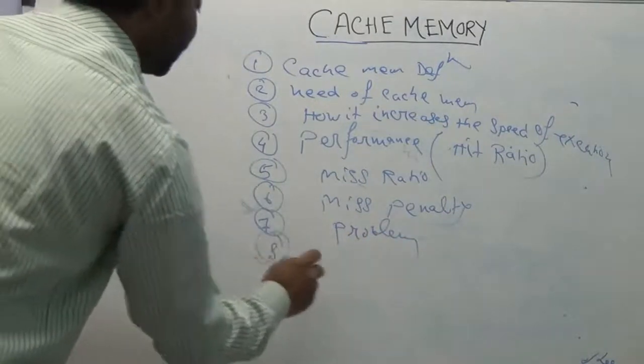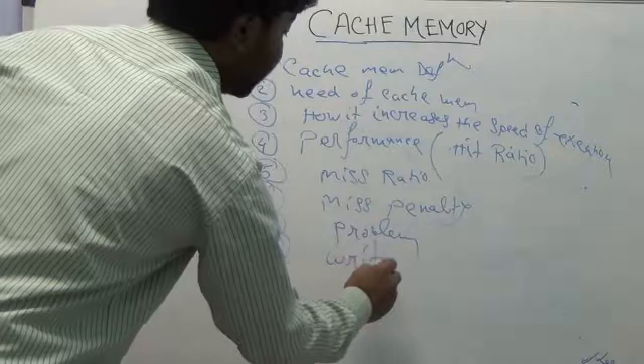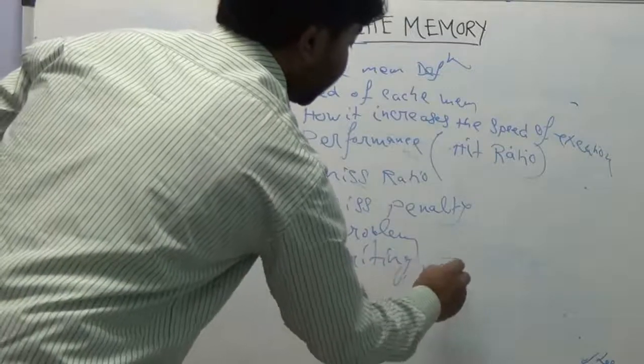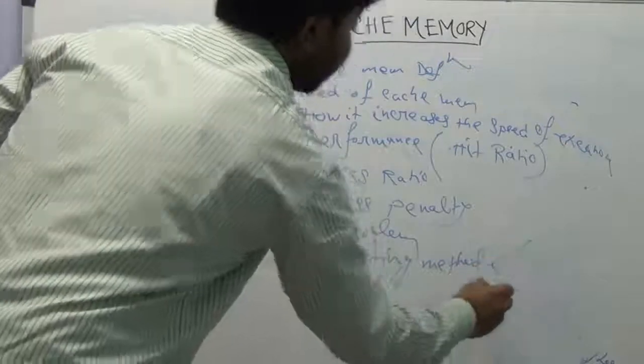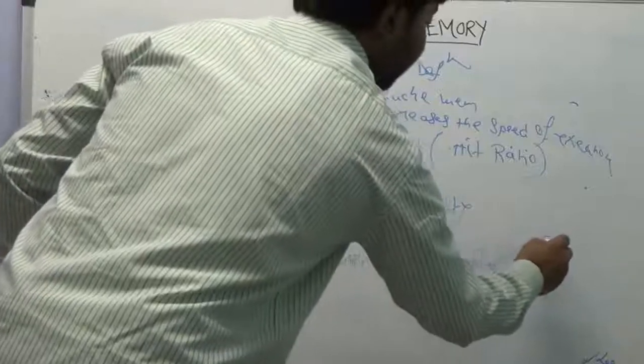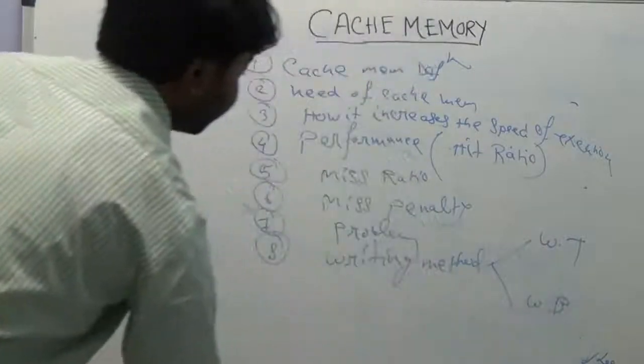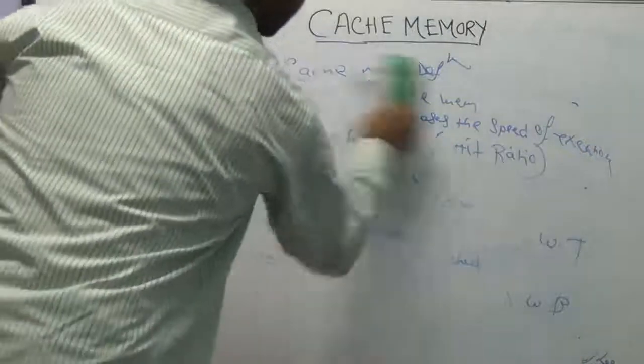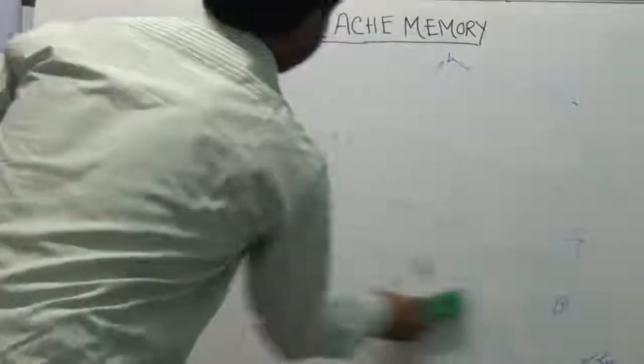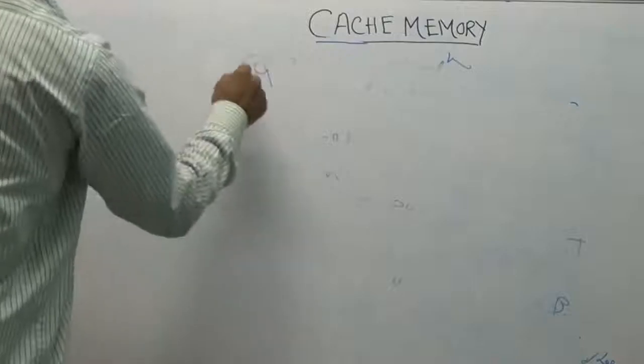Next one is the different writing methods of cache memory. From the writing methods we have found that there are 2 types. One is write through, another one is write back. Next we have learned about mapping.